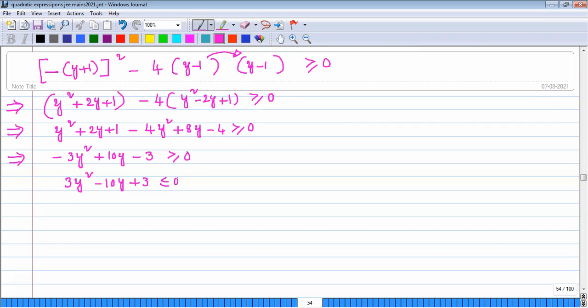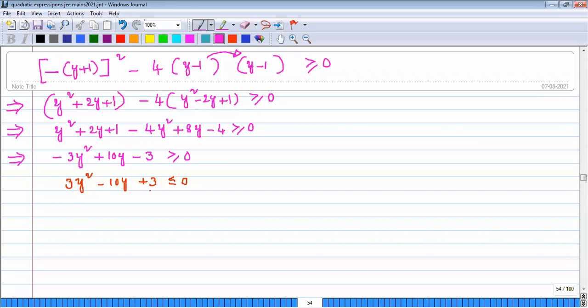This is a very important step. Let me write it once again: 3y square minus 10y plus 3 is less than or equal to 0. So we get a quadratic inequality in y. We need to solve it. First, let us factorize it. 3 times 3 is 9.